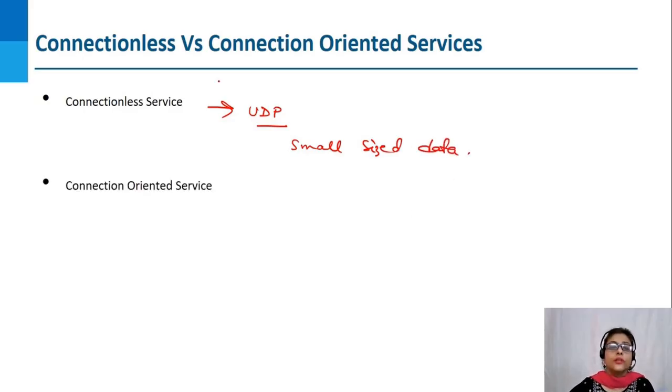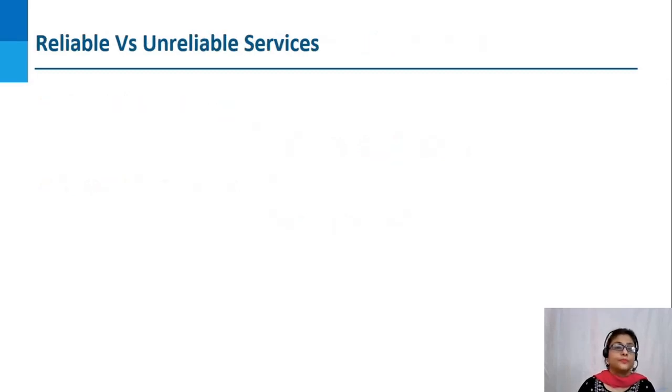For connection-oriented services, mainly TCP, or Transmission Control Protocol, is used, and it is used for large-sized data. Path setup is made before the transfer of the data, and at the end of data transfer, closure of the path is made by terminating the service.